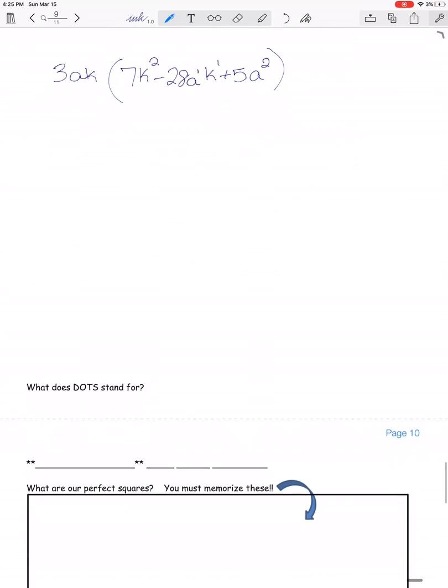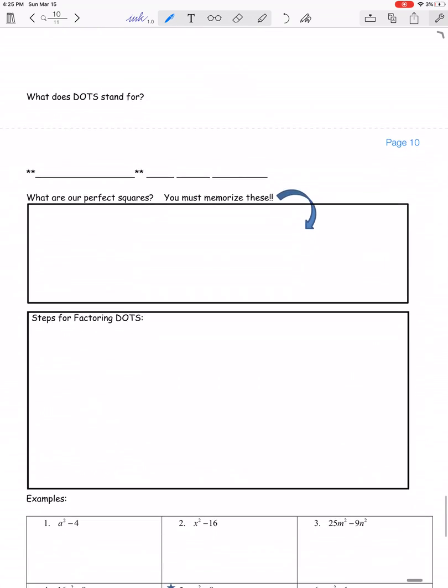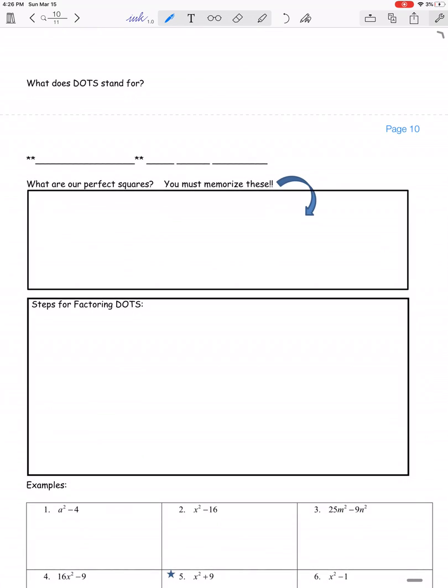Let's look at DOTS. So what does DOTS stand for? DOTS stands for the difference of two squares. Now for DOTS, we are going to have to know what perfect squares are.